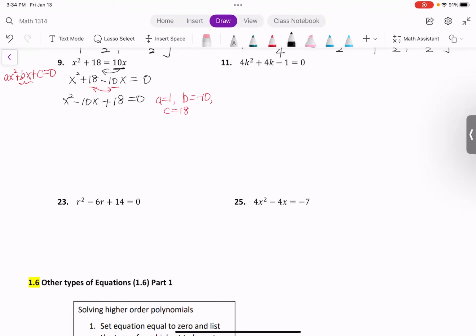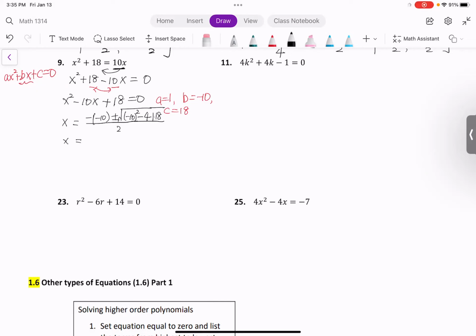Then we are using the quadratic formula. x equals -b, that is -(-10), plus or minus the square root of b squared, that's -10 squared, minus 4ac, 4 times 1 times 18. The denominator is 2a, 2 times 1 is 2.